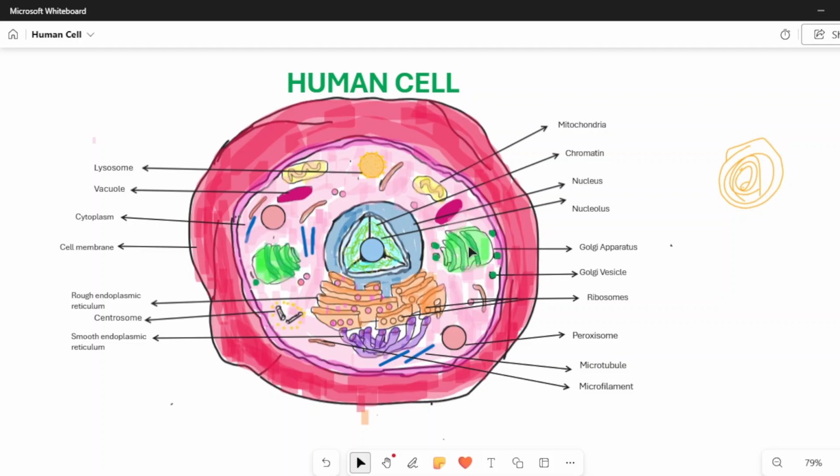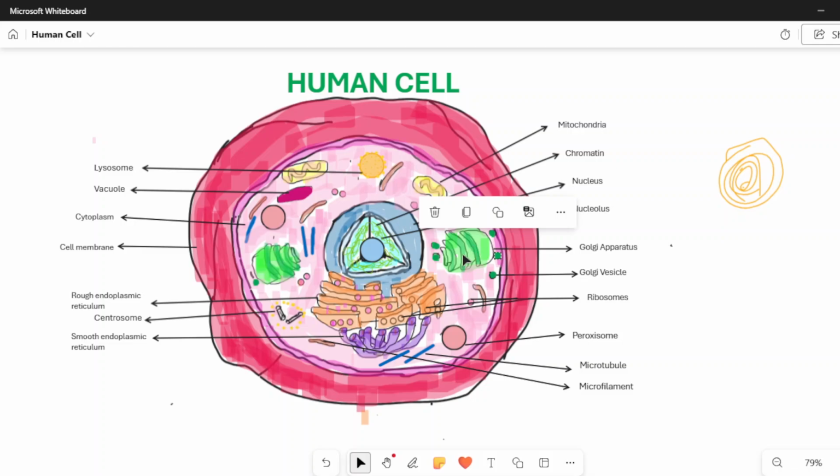The Golgi apparatus takes the vesicle, the protein covered with membrane released by the rough endoplasmic reticulum, adds whatever is necessary or modifies the protein, and releases the useful form which can be used by organs for their repair or any other purpose.